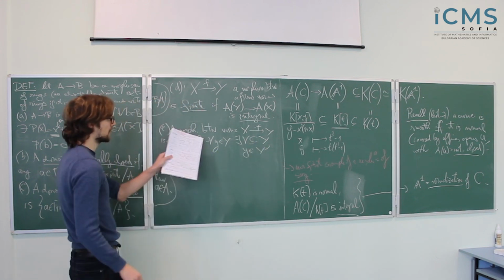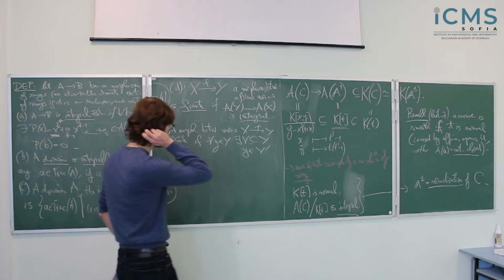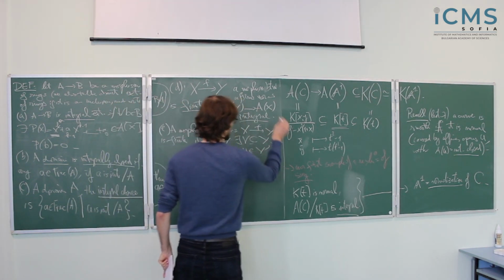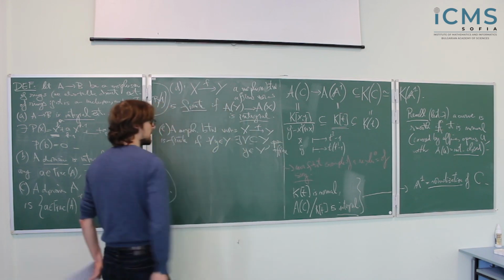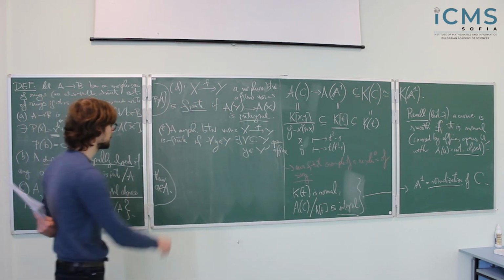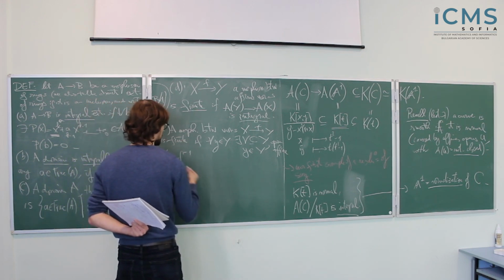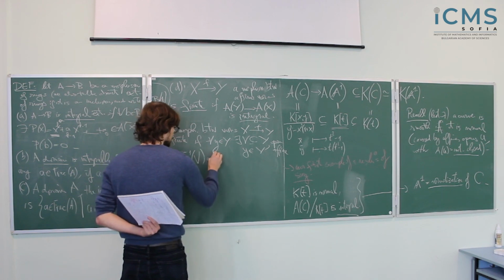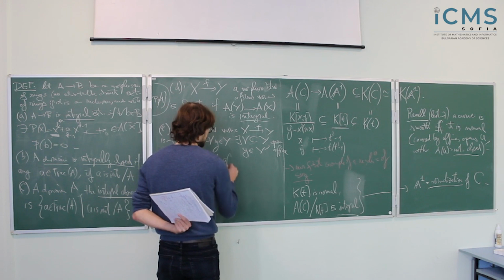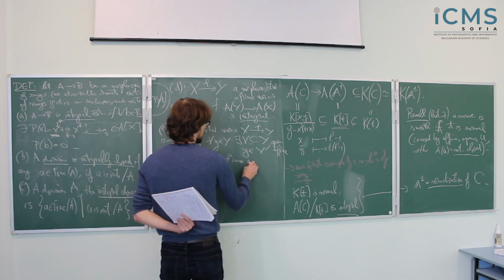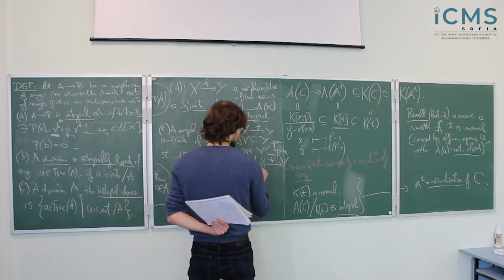So if for any point in Y, I can find an open affine neighborhood of this point, such that, this is a particularly special condition, its inverse image is also affine, and the induced map is finite.